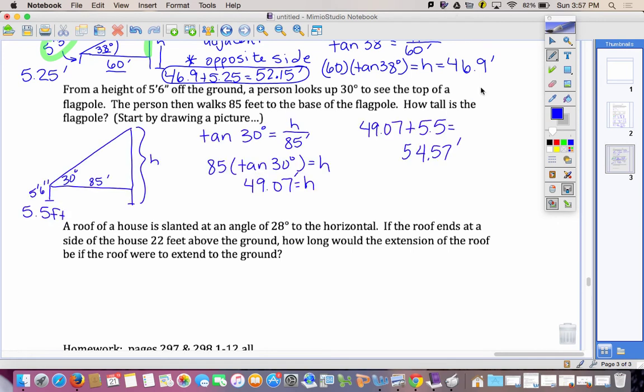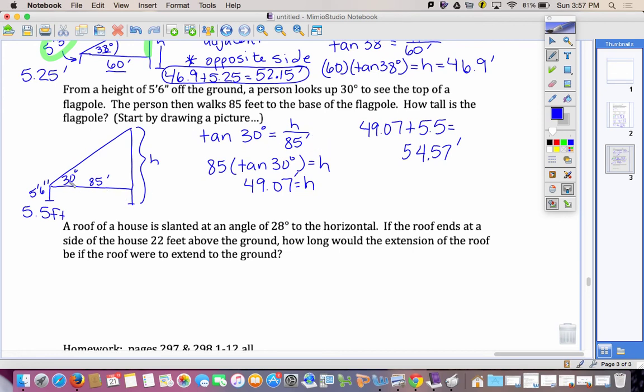Okay, hopefully you got the same answer I did. Again, I started with drawing my picture, and I'm given my adjacent side, so I'm still going to use tangent. Tangent of 30 degrees is equal to the opposite side, which is the height of the flagpole, divided by 85 feet, which is our adjacent side.